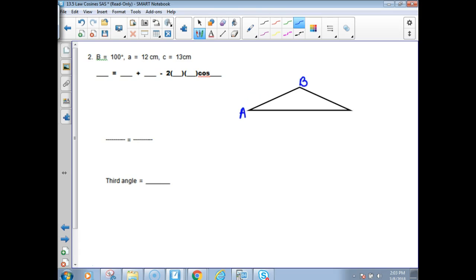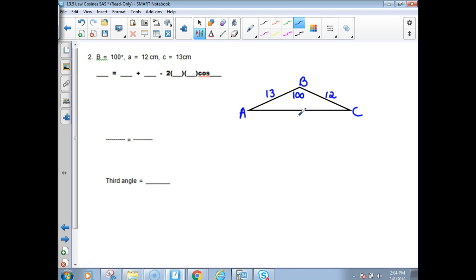I'm just going to label it ABC. I have a 100-degree angle B. Oh, that was convenient, that it's 100 degrees. That looks fairly reasonable. Actually, that's probably quite a bit more than 100, but regardless, we've got side A is 12. That's opposite angle A, so it'd be over here. Side C is 13. That'd be opposite angle C, so it'd be over here.